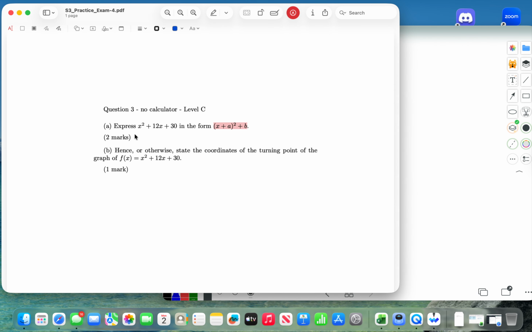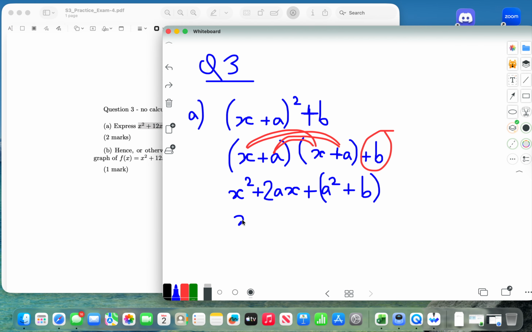So let's compare this with x squared plus 12x plus 30. Now, these match up automatically. The coefficients of x squared match up. Let's take a look at the x terms. We have the x term is 2ax and we have 12x.